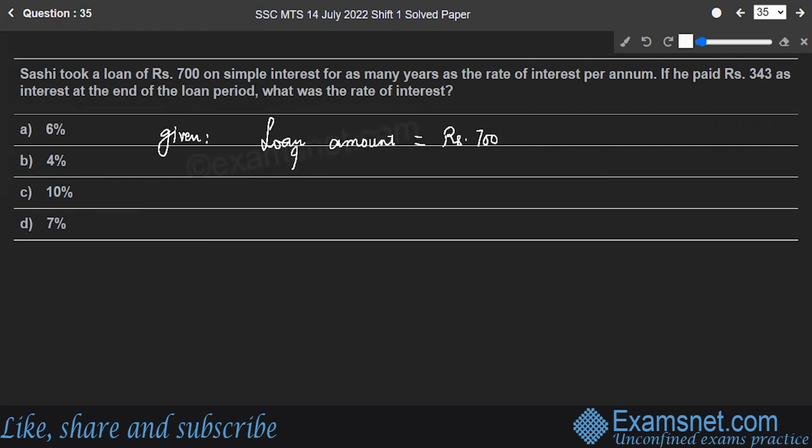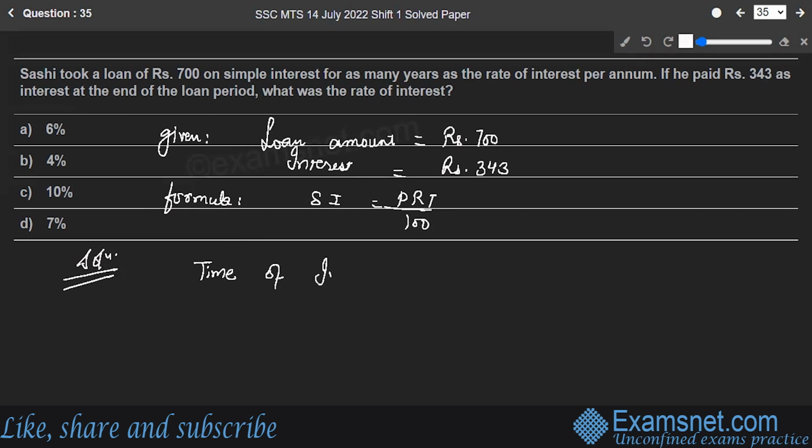Then interest 343 rupees. So what concept will we be using over here? Simple interest is equal to principal into rate into time upon 100. So let's go with the solution. So according to the question, first of all, time of interest is equal to rate.